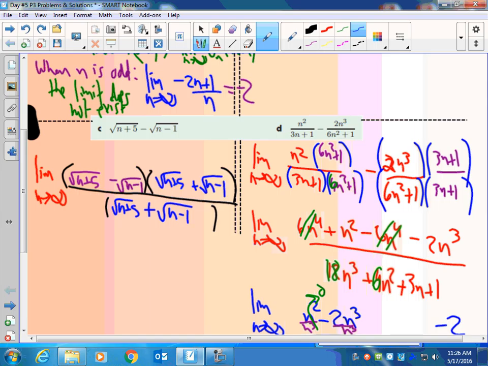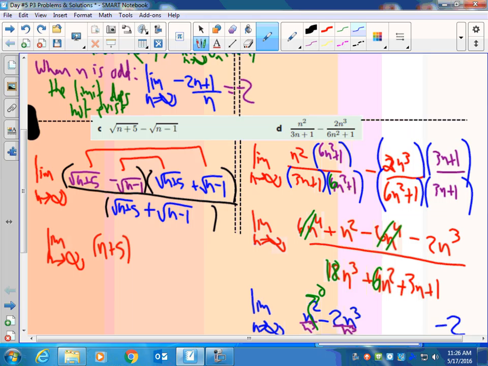So when we multiply those out, you're going to get square root of n plus 5 times square root of n plus 5 is n plus 5. Then you'll have a positive product and a negative product added together. These will cancel out.